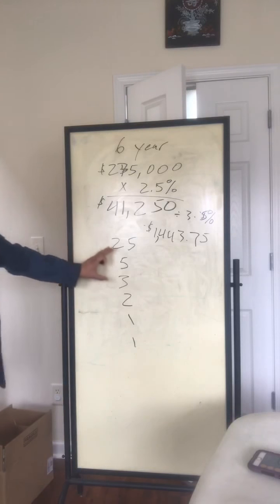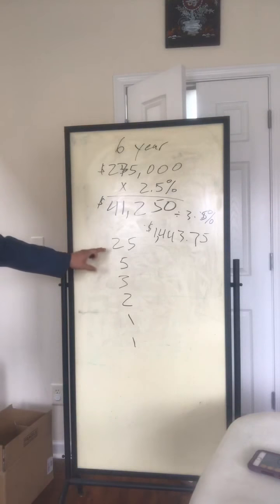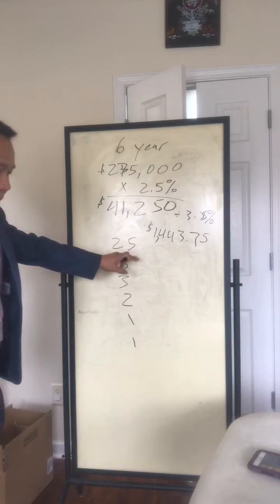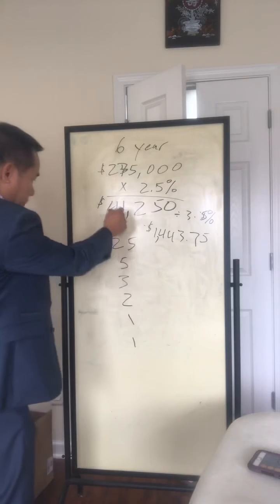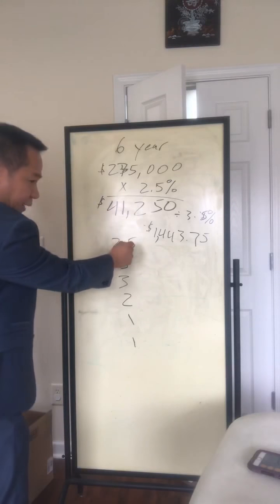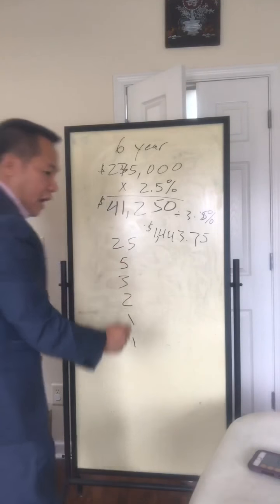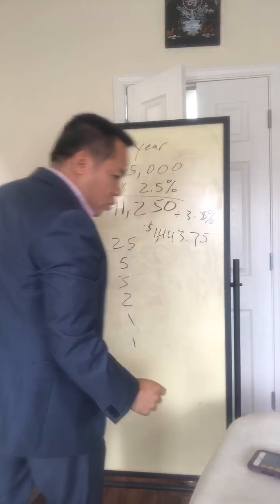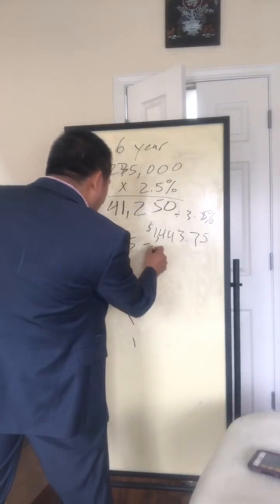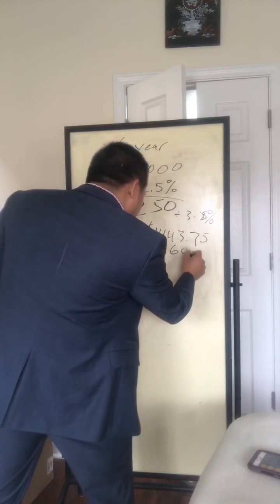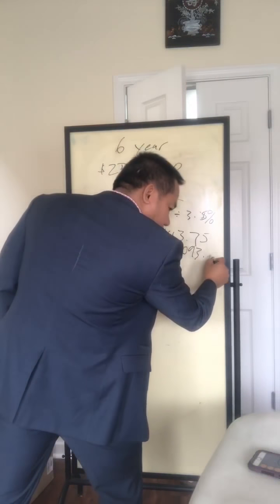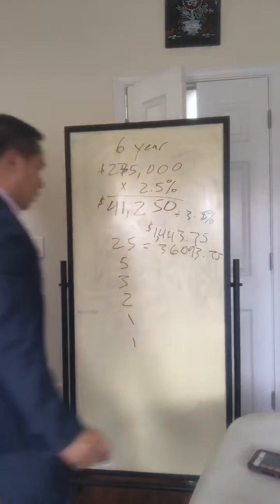So with this one right here, 25 times about 41,000, you multiply this by that, and your commission is about 36,093.75.